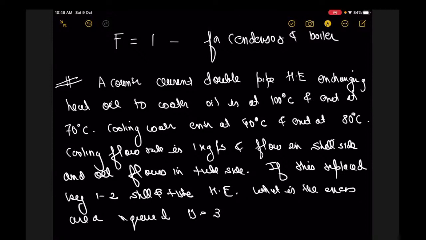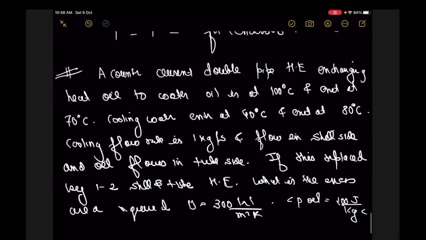U equals 300 watt per meter square Kelvin. Cp of oil is 200 joule per kg degree centigrade and Cp of water is 4180 joule per kg degree centigrade. The correction factor is 0.5. Solve this.